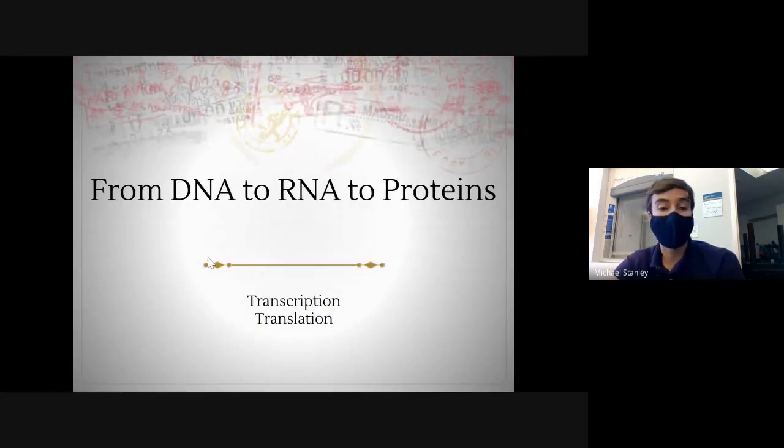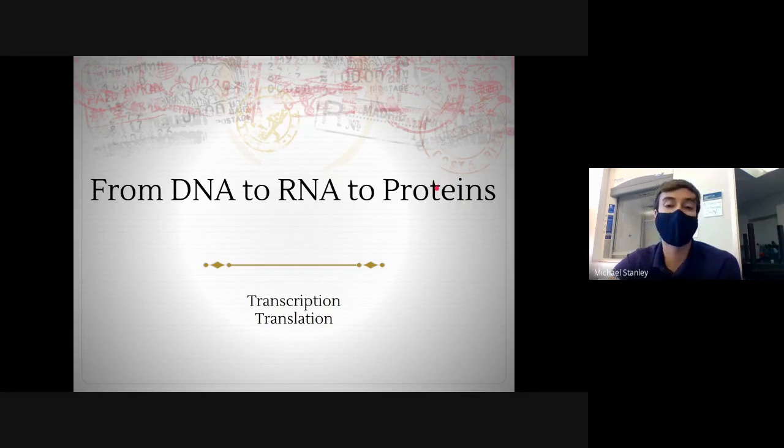So these notes are called From DNA to RNA to Proteins, because that is what we're going to be talking about today and Thursday. The ultimate goal of the DNA code is to create proteins, which are small molecules that do a whole bunch of different jobs in our cells.